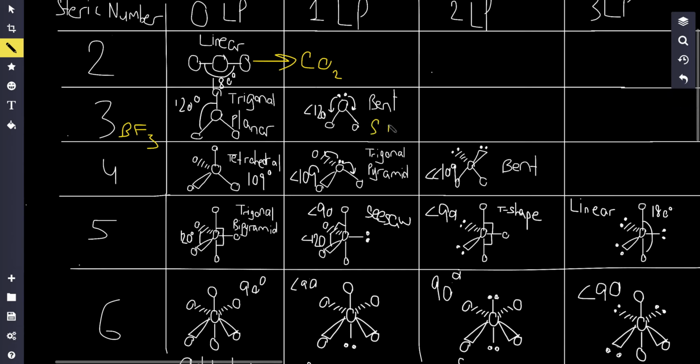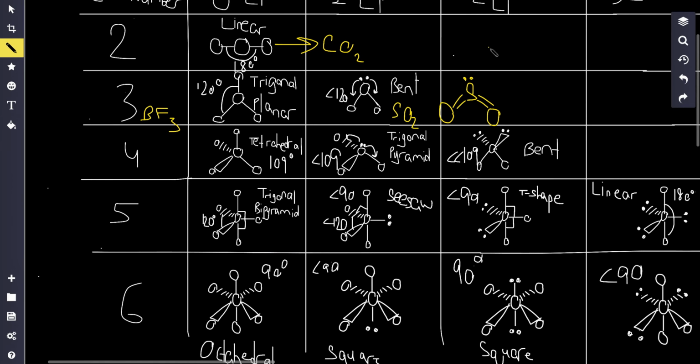Sulfur is going to be like this: it has 1, 2, 1, 2 bonds to the oxygens, and then it's going to have 2 lone pairs remaining. That's because sulfur has 6 valence electrons originally. If it allocates 4 of them for bonds, that leads to 8 electrons, plus the remaining 2, that's 10 electrons. So that's SO2.